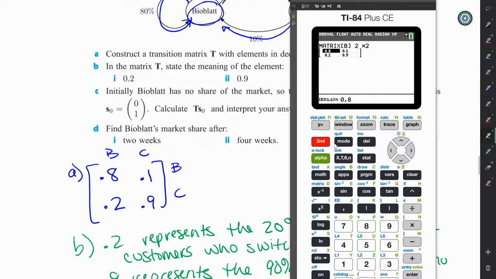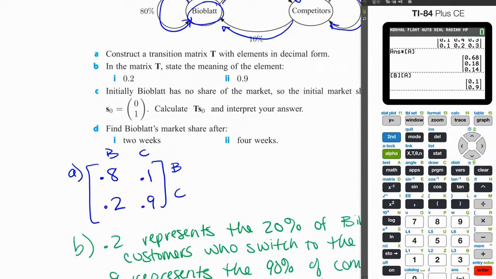And then I'll go ahead and multiply those together. So I want my matrix B first because I have to do the transition and then the S, multiply that by matrix A. So after 1 week, they've now gotten 10% of the market. Okay, so that's what happens.